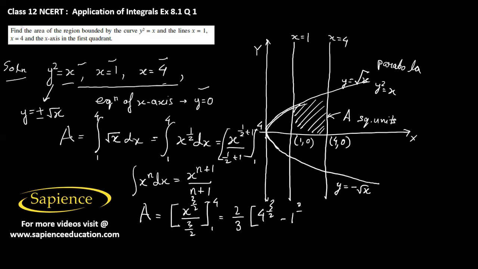So it will be 2 by 3 times 4 power 3 by 2. First I take the square root of 4, that is 2, and 2 power 3 is 8. Minus 1 power 3 by 2, which is 1 only. So that is 2 by 3 times 8 minus 1, that is 7. Therefore the answer will be 14 by 3 square units.